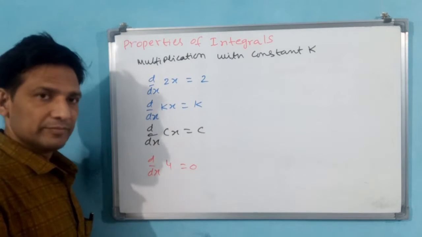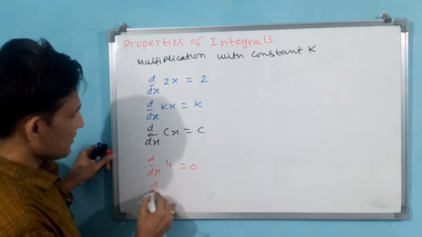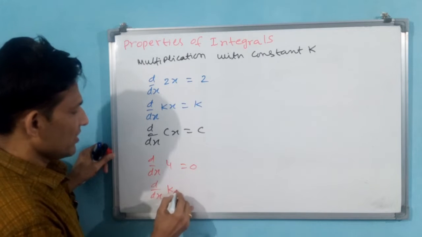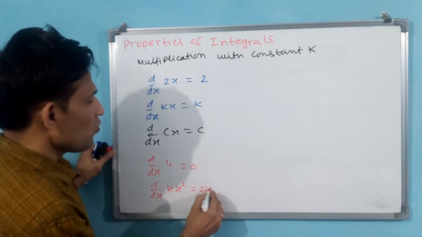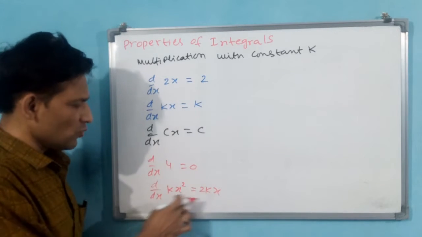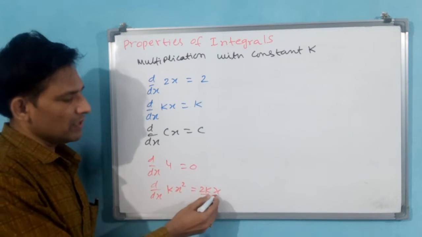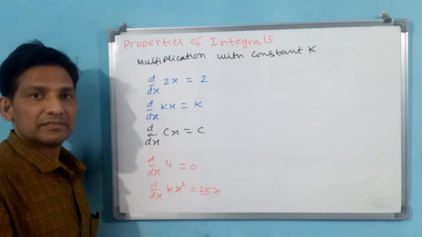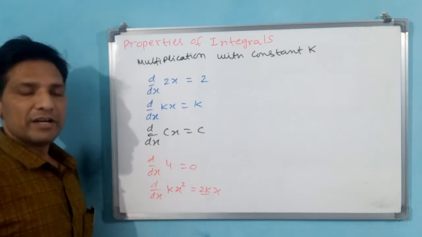What if d by dx of kx square? 2kx will come. That means the 2 from differentiation will come normally, but 2 into k, always k will come. This is the theory part we learn in differentiation.